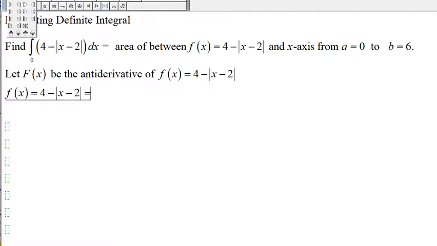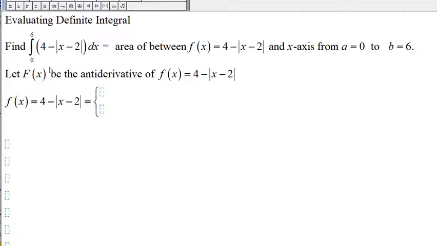By the definition of absolute value, this function is going to equal 4 minus x minus 2 if x minus 2 is greater than or equal to 0.